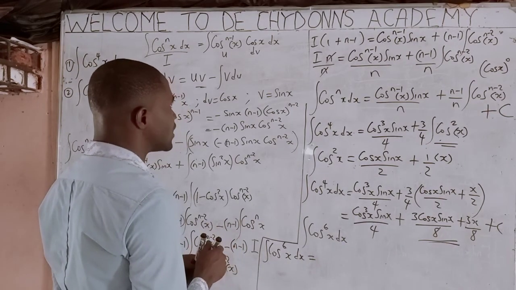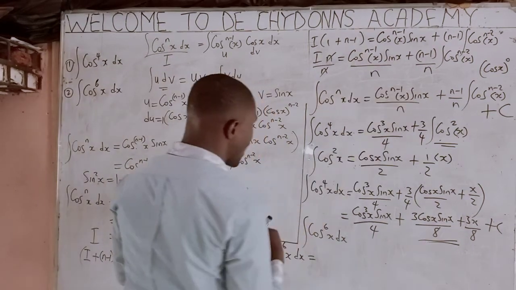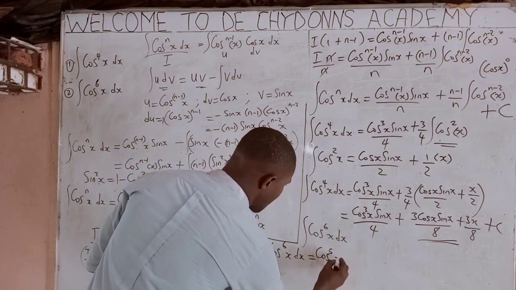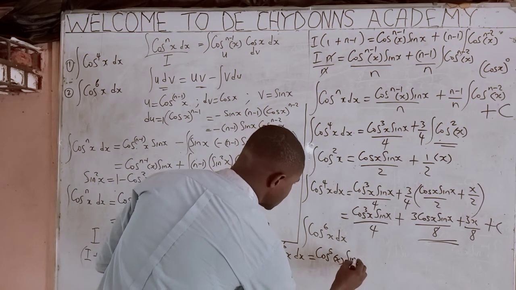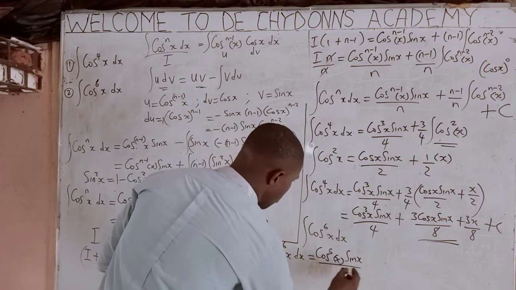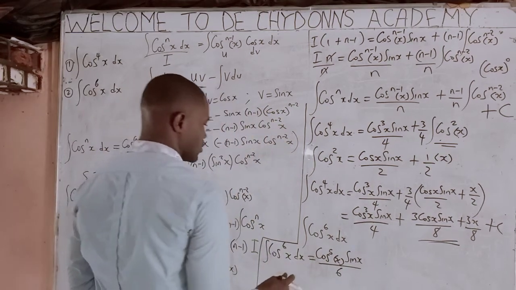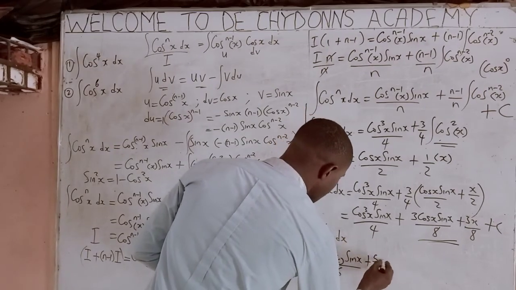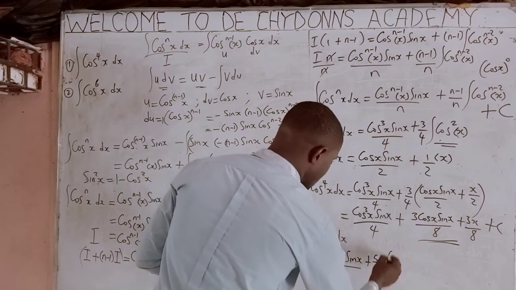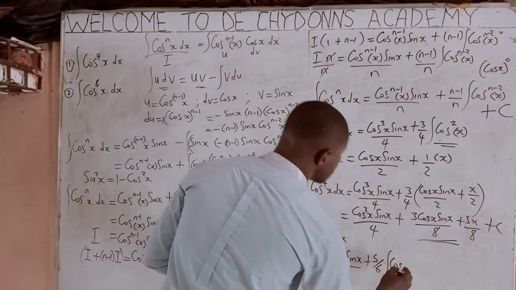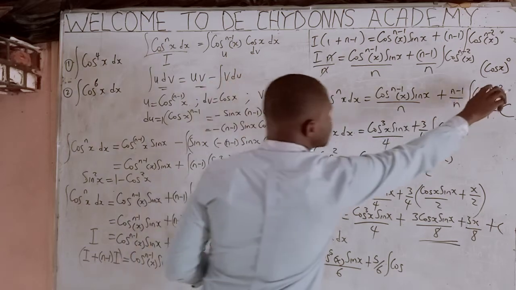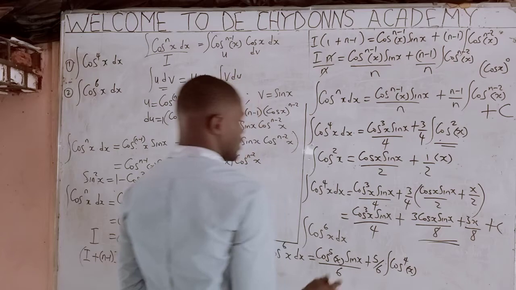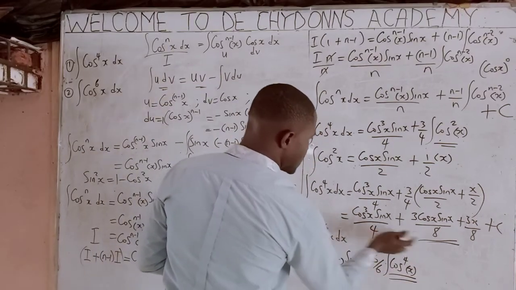So what you do now is you say 6 minus 1, cos^5 x sin x all over n, which is 6, plus (6 minus 1) 5 over 6 integration cos, 6 minus 2, that is 4x. Now we have solved this and it gave us this.